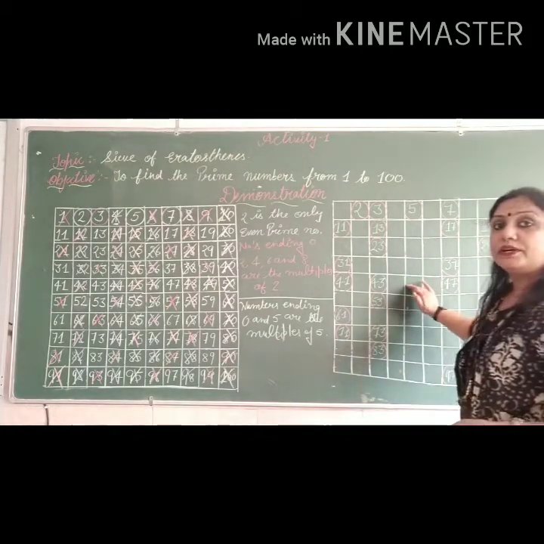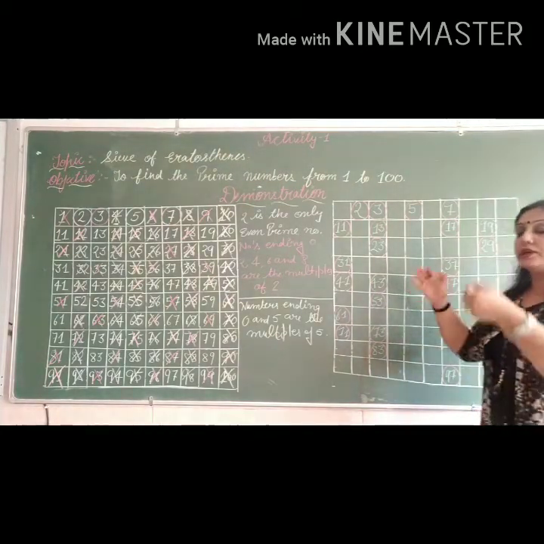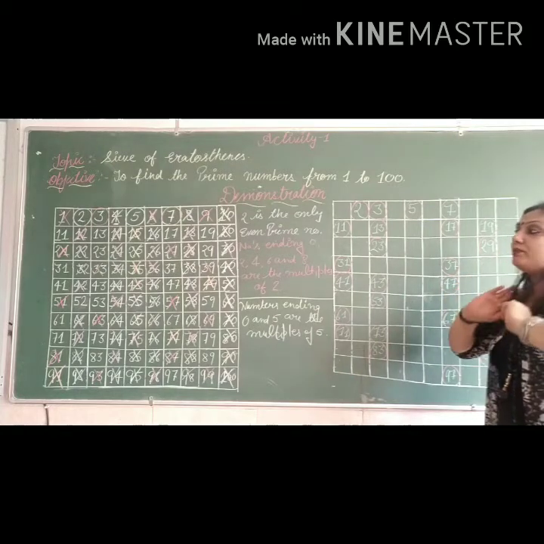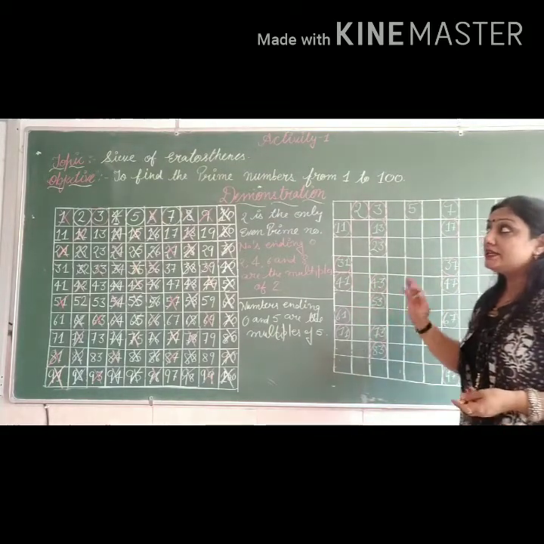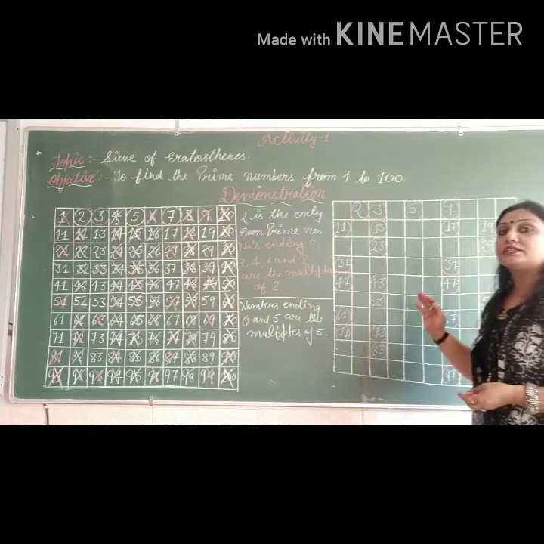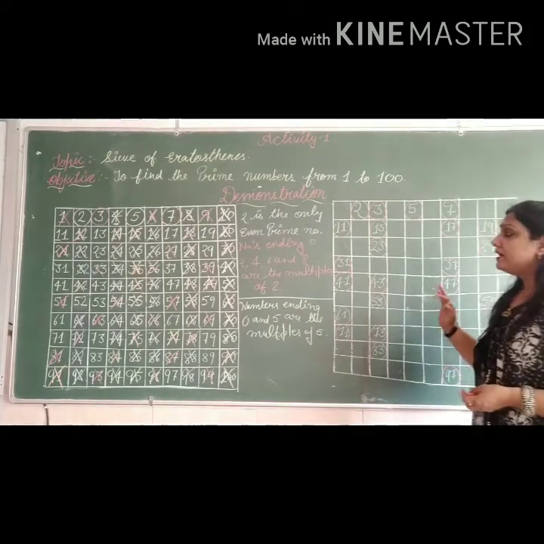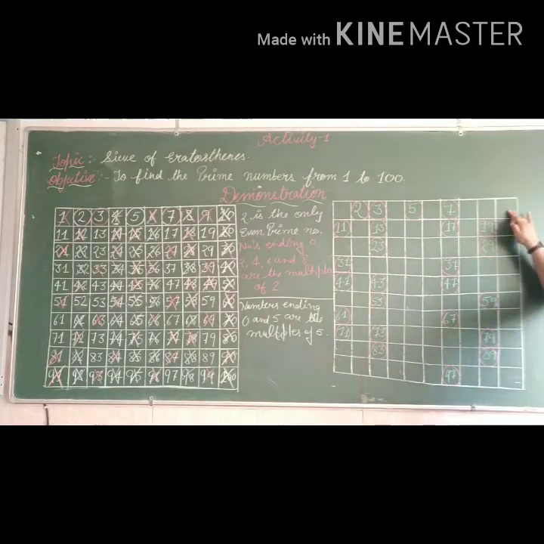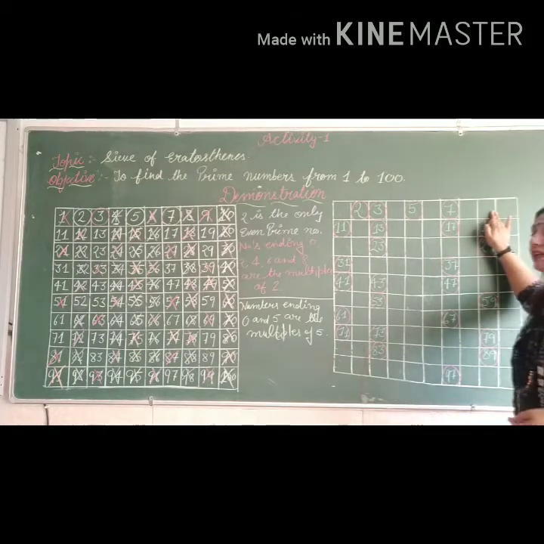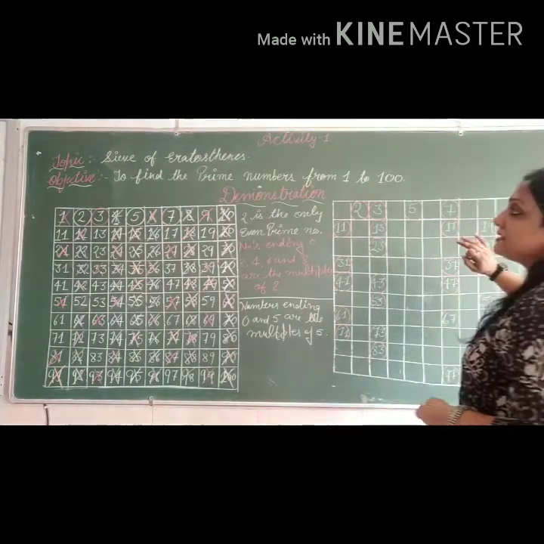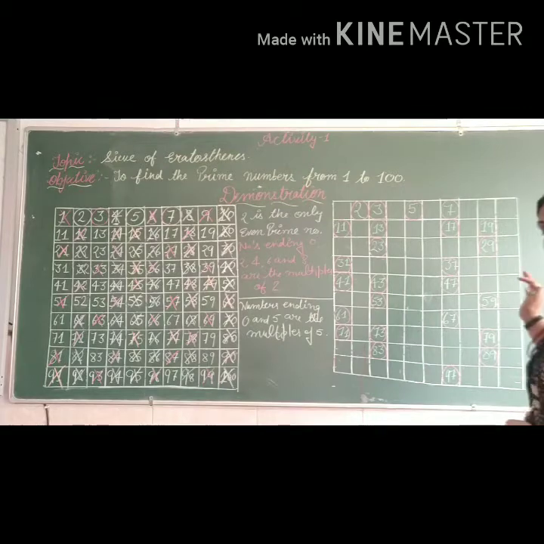These are the prime numbers, and we have found them out by the method of sieve of Eratosthenes. Now this is the result of our activity. We have made the final grid of prime numbers between 1 to 100.